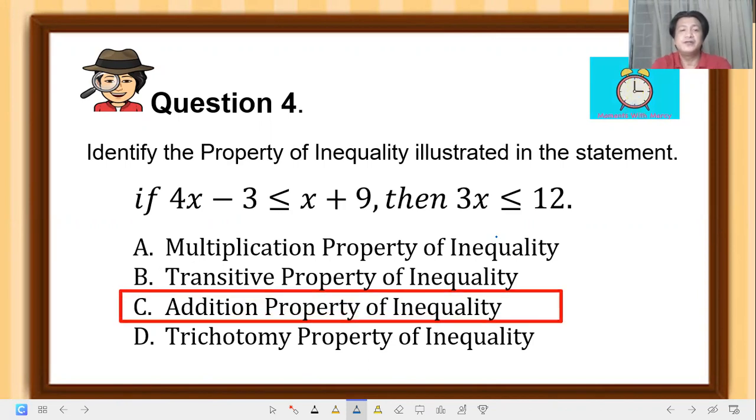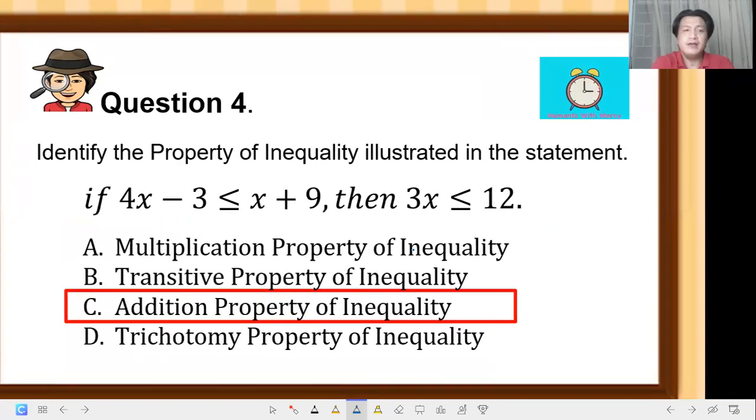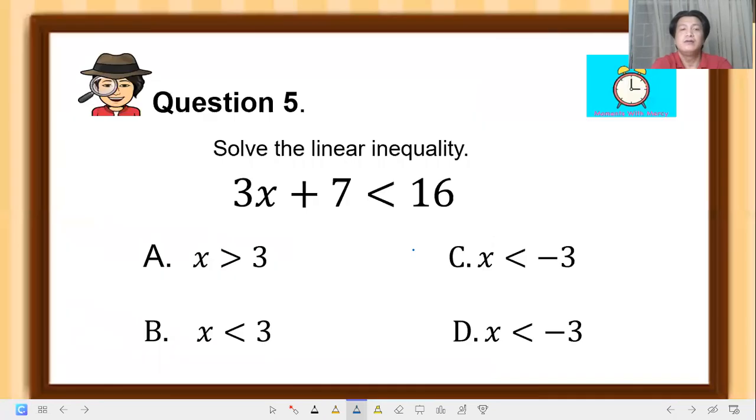Okay, the answer is letter A, addition property of inequality. And next we have solve the linear inequality. Timer starts. The answer is letter D, x is less than 3.